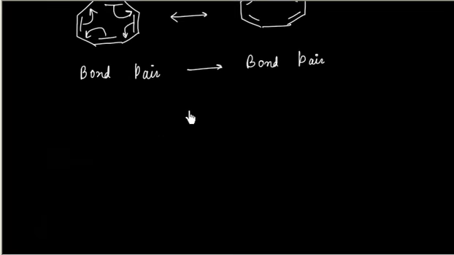So in this lecture we discussed how to write resonating structures by looking for patterns. First pattern we have, that is a double bond adjacent to a lone pair. Second pattern we discussed, that is a double bond adjacent to a positive charge. So this is a lone pair. So this is a double bond adjacent to a lone pair.